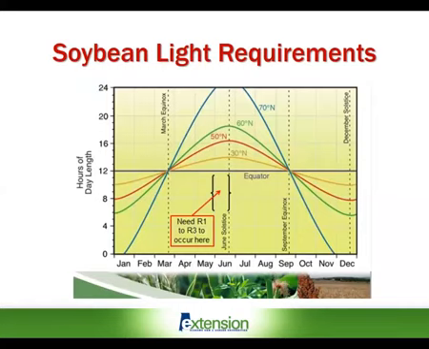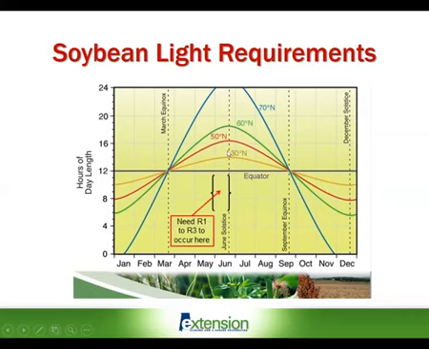If you look at the soybean's light requirement, at 33 degrees north, and this is about where I'm pointing right now, you want to be in flowering and early pod production when you get the longest days of the year, June 21st.